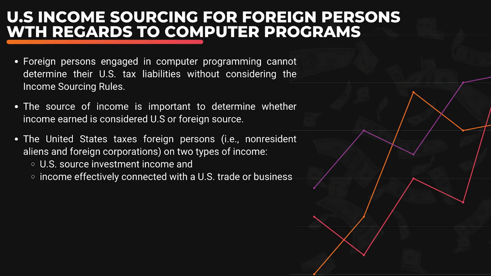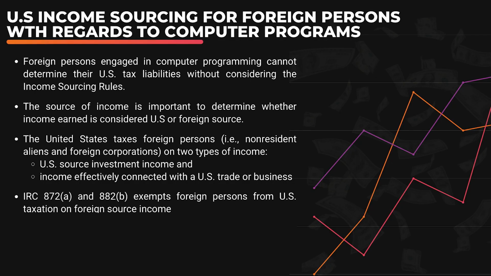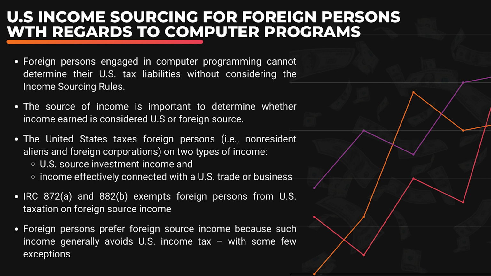Now, moving on, Internal Revenue Code Section 872(a) and then 882(b) exempts foreign persons from U.S. taxation on foreign source income. So it's very important that you know about that distinction as well. Foreign persons prefer foreign source income because such income generally avoids U.S. income taxes, with only a few exceptions.